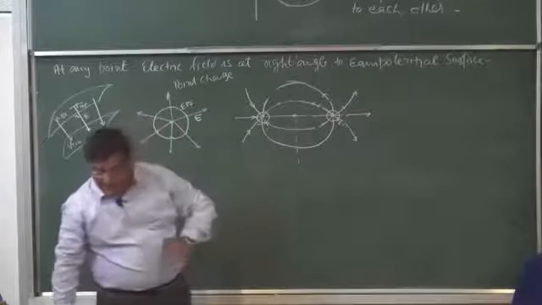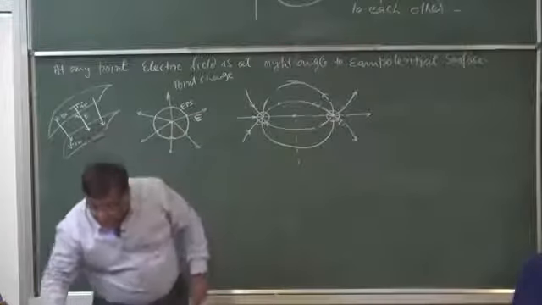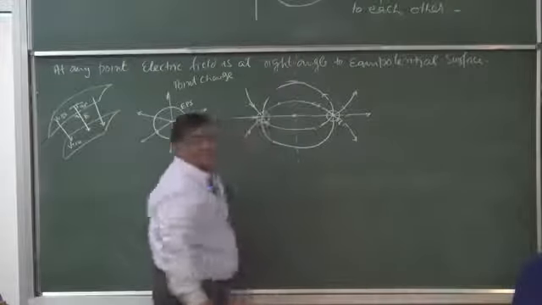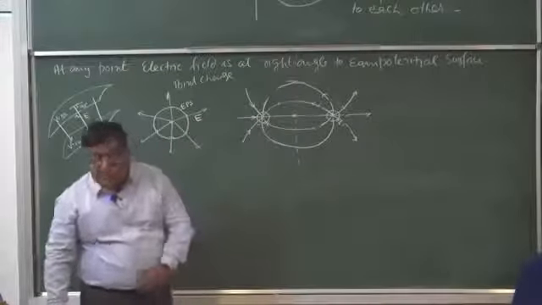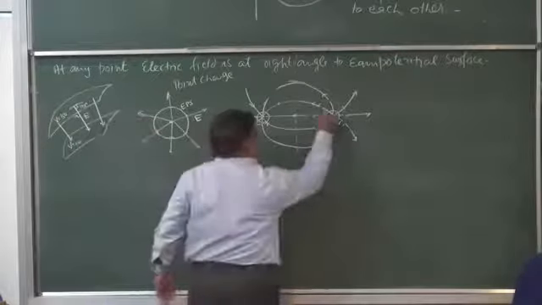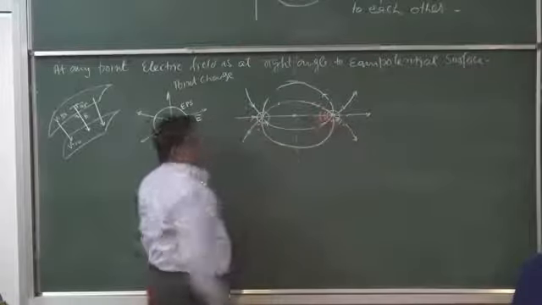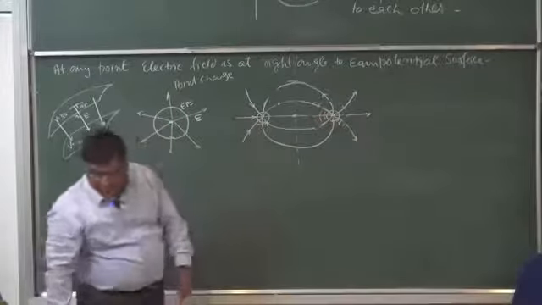Then the next equipotential surface you will get is for the case of plus and minus. You will keep the distances close here. Take this farther than this.